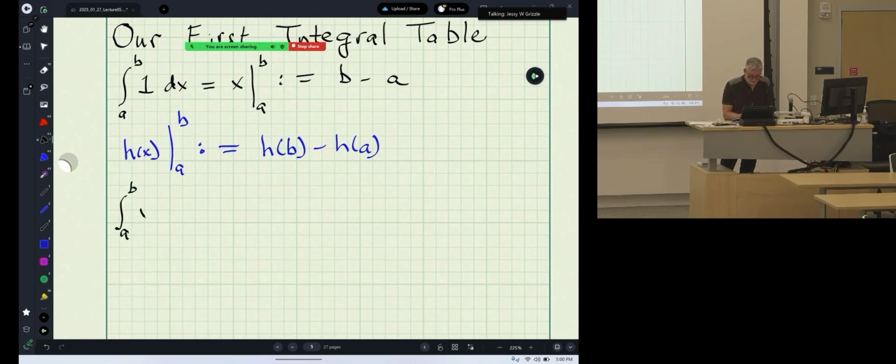Integral from a to b, specializing our general formula to x squared over 2 from a to b, and then we get b squared over 2 minus a squared over 2.